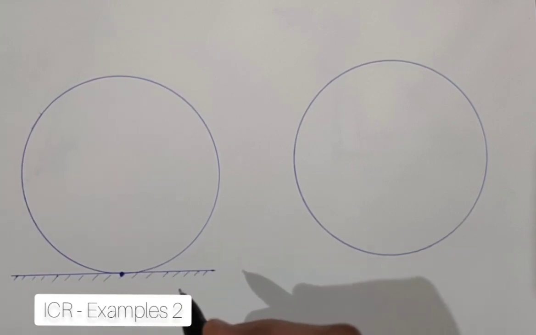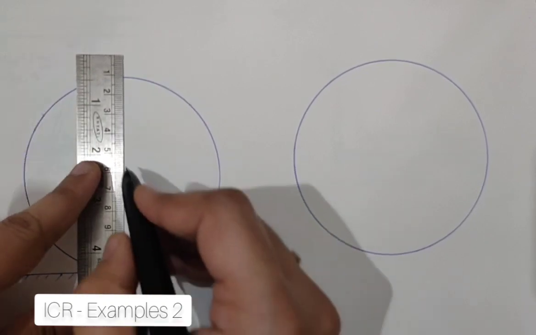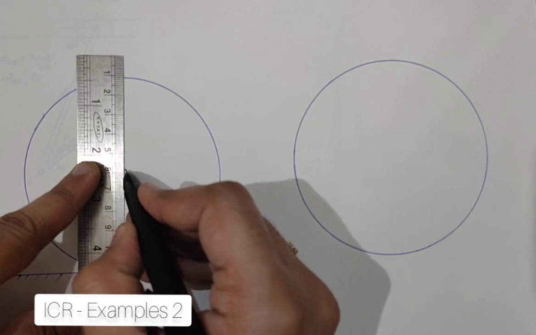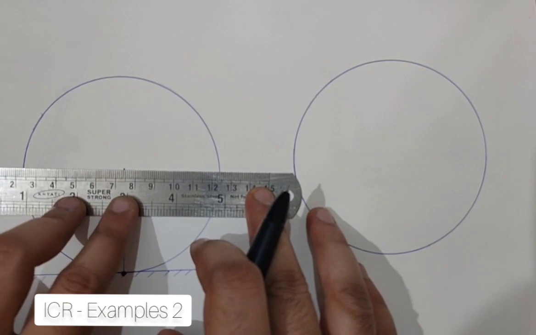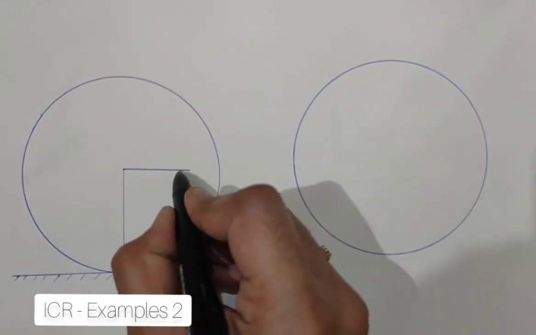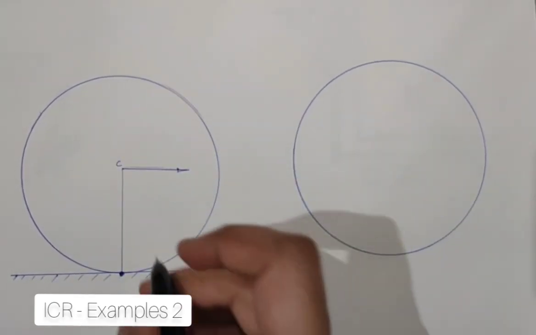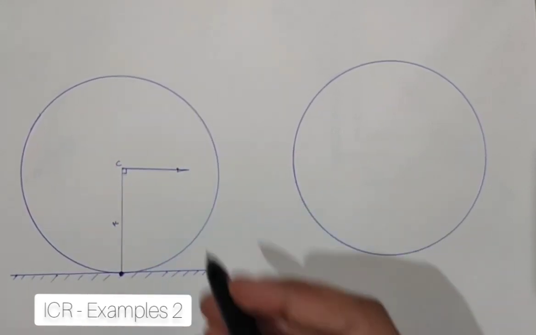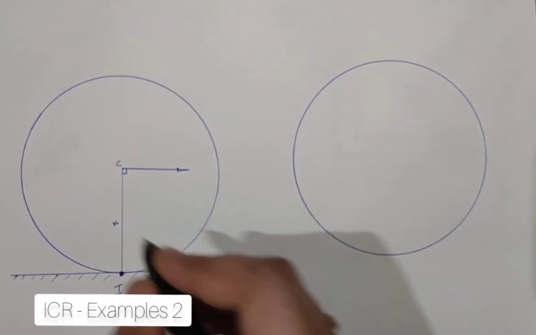So to locate the ICR, given the velocity of the center of the wheel, I will join the center with the point and draw a perpendicular line from there. So this is nothing but the velocity of the center. Let me call the center C, and this distance will definitely be the radius R. So this becomes the ICR for the entire roller.